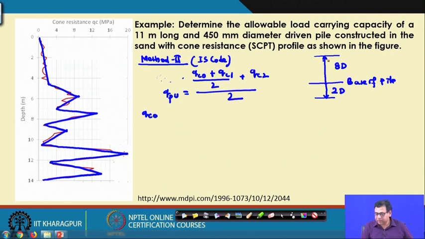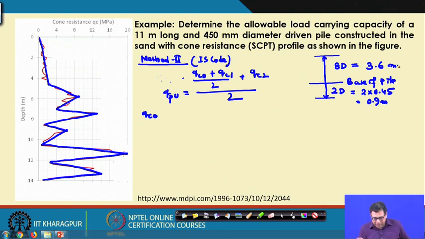For this IS code method, 2D means 2 into 0.45, that is 0.9 meter below the base of the pile, and 3.6 meter above the base of the pile. 8D means 3.6 meter here, because your D is 0.45 meter.